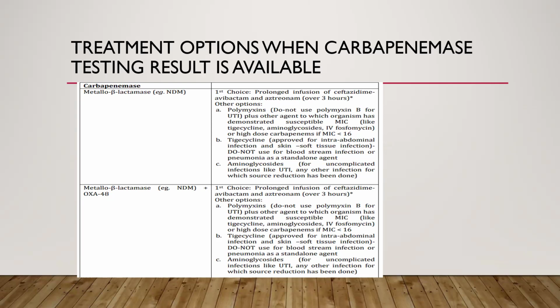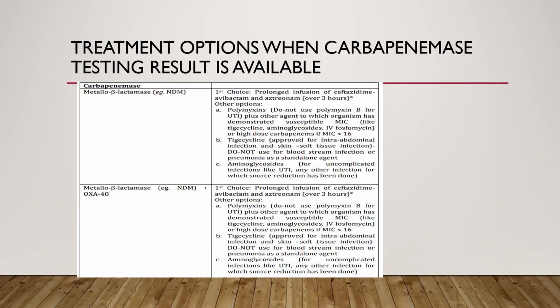Tigecycline is approved for intra-abdominal infection, skin, soft tissue infection. It is not recommended for bloodstream infection and pneumonia. Then we can use aminoglycoside for uncomplicated infection like UTI and any other infection for which source reduction has been done.